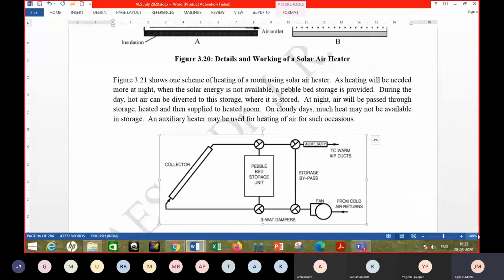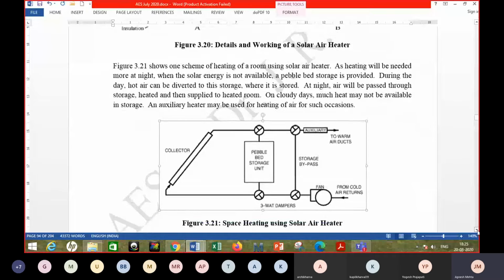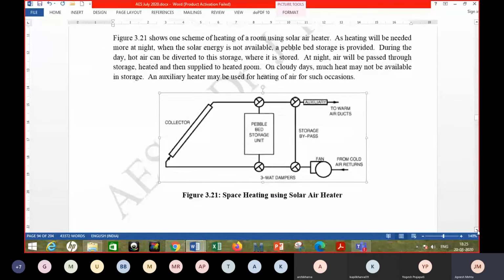Now here we are talking about how it might be used for space heating. When you want to use it for space heating, many times the heating requirement is during night rather than during the daytime. Temperatures are lower in the daytime, and let's say you are talking about some application like a hotel.